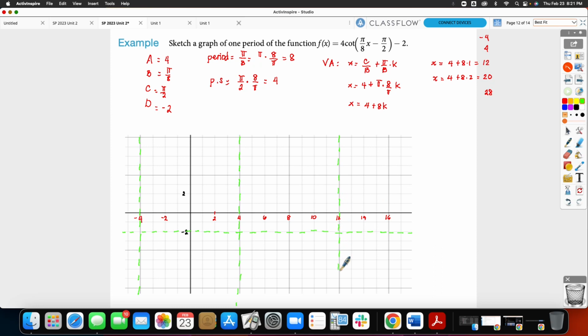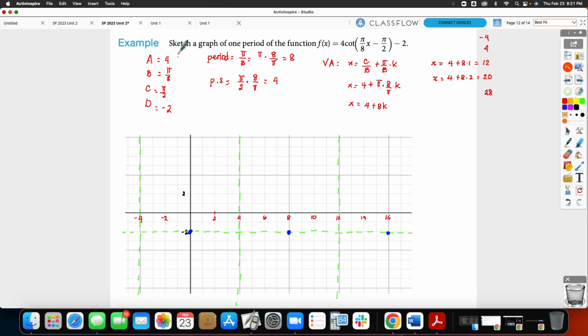Now, we're starting off where the midline is, so midway between the asymptotes, we have this point, and this point, and this point. Again, the distances between these points is equal to 8 units, which is the period.